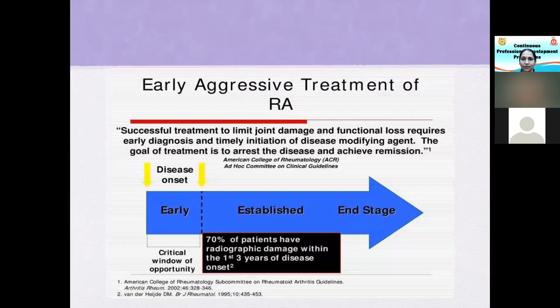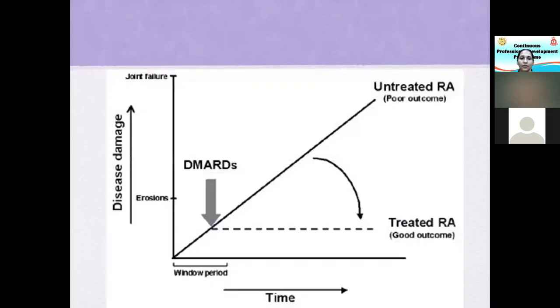The same is depicted again. This is what I mentioned, the window of opportunity. You will see that with time progression, there will be increased disease damage, erosions, and joint failure. And if untreated, this will exponentially go up.